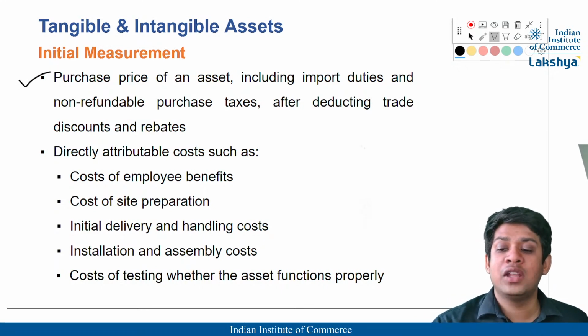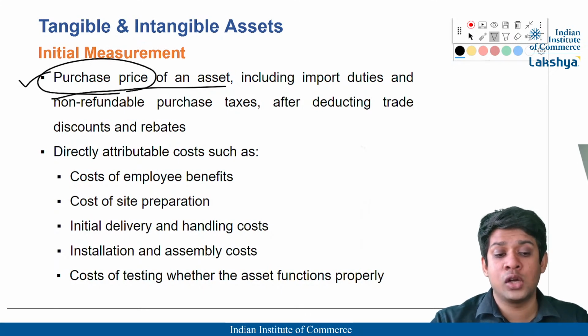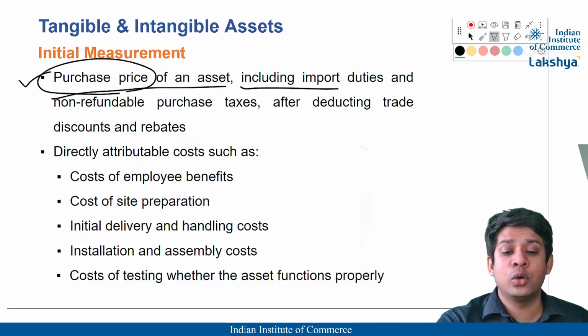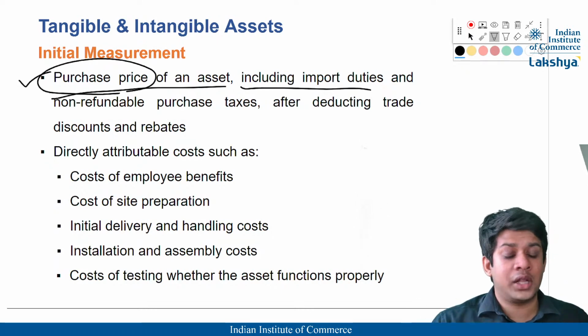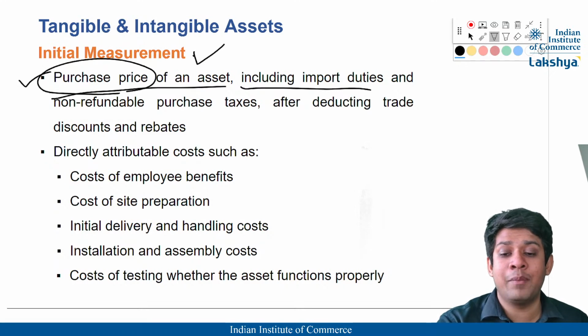So firstly, within the initial measurement, you can see there is the purchase price of an asset, right? So whatever is the purchase cost of an asset, like an asset is sold for $2,000, I'm purchasing it for $2,000, right? Including any import duties. If I'm importing the asset, I might incur certain import duties. So those import duties are going to be capitalized to the value of that asset while doing the initial measurement.